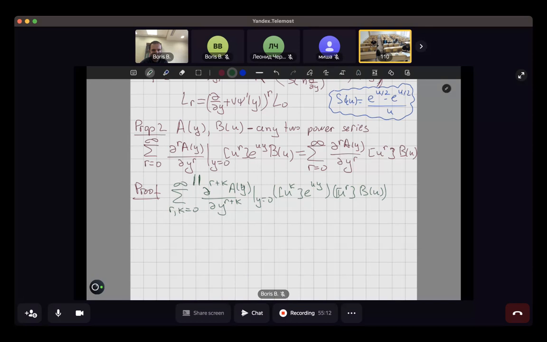Ну, я считаю, что я доказал. Кто-нибудь согласен? Какие вопросы есть? Первый шаг: вместо взятия коэффициента у произведения мы взяли коэффициент по отдельности и добавили второе суммирование. Потом раскрыли экспоненту. И потом заметили, что это просто формула Тейлора.